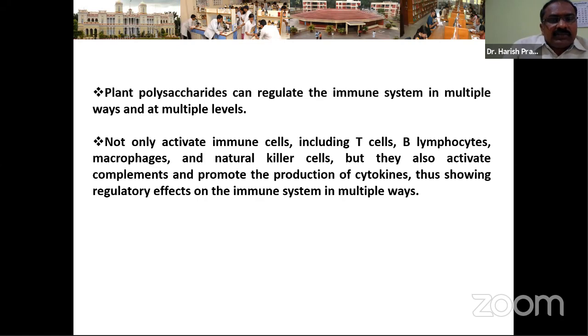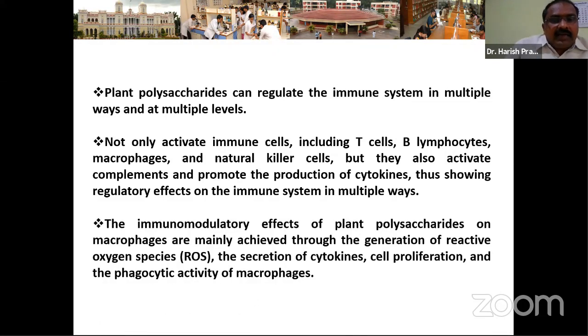Not only do they induce or activate T cells, B cells, or macrophages, they also activate complement systems, as well as produce a lot of cytokines and chemokines, and regulate the immune system very effectively. So it has multifaceted approaches to act upon for immunomodulation.